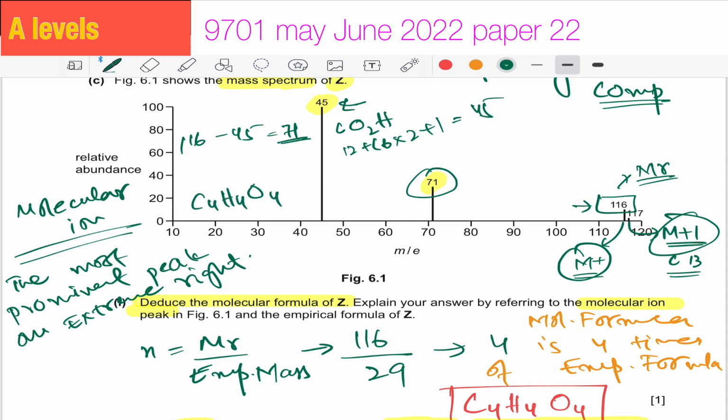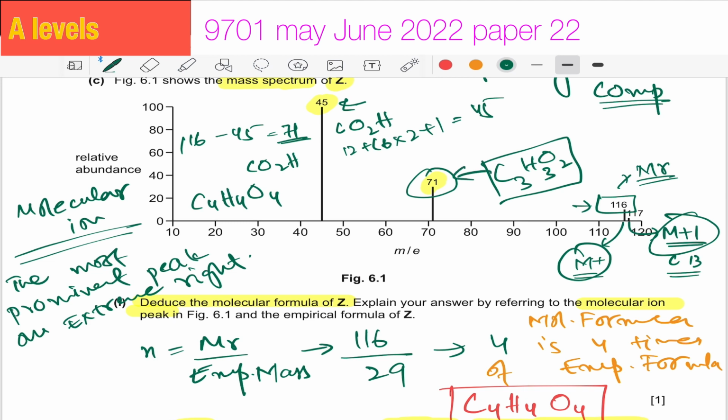C4H4O4, and we've said that the peak at 45 was due to CO2H. So if we subtract two oxygens and a hydrogen from C4H4O4, we would be left with 3 hydrogens, and we are left with 3 carbons, and 2 oxygens. So this would be the fragment responsible for the peak at 71.